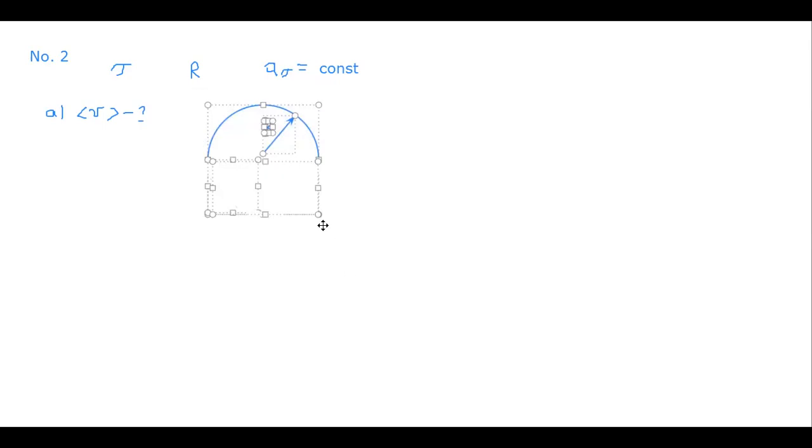And what can we say about average velocity? Average velocity means full path divided by full time of motion. So according to the definition, we have to write something like delta s divided by delta t.